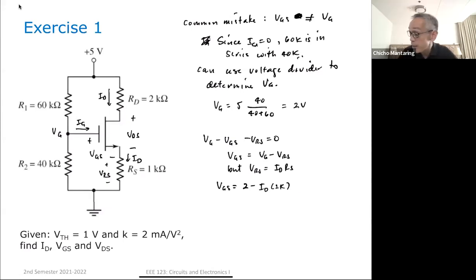Unfortunately, we have 2 unknowns here. So we cannot solve this because we have 2 unknowns. Now, where do we get another equation? What is our other equation to be able to solve for the value of ID or the value of VGS? Anyone?